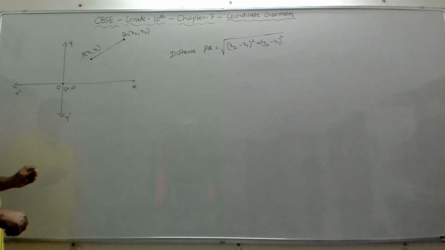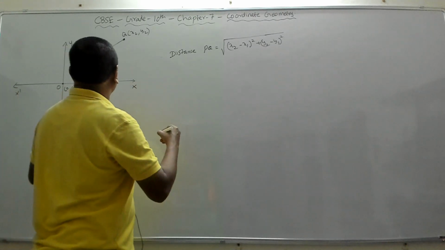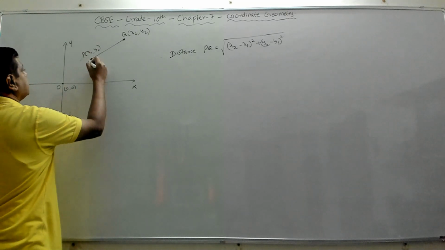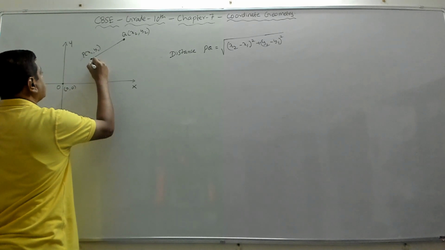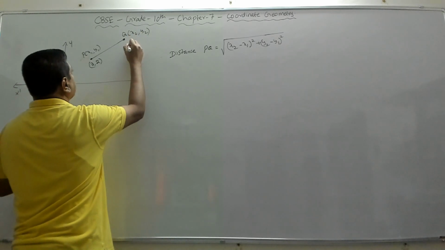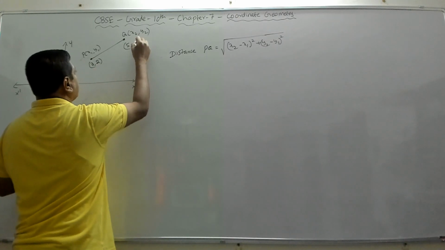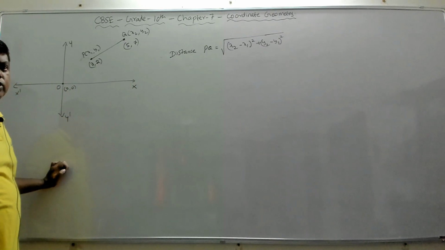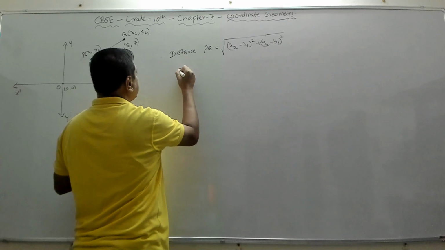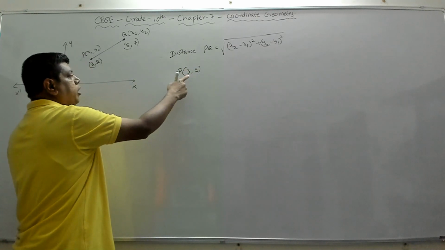Fine. Now let's go to one small example. Suppose this point is, say, (3, 2), and suppose this point is, for example, (5, 7), and if you want to find the distance between these 2 points, so P is P of (3, 2), which means the coordinate of the point P is (3, 2).